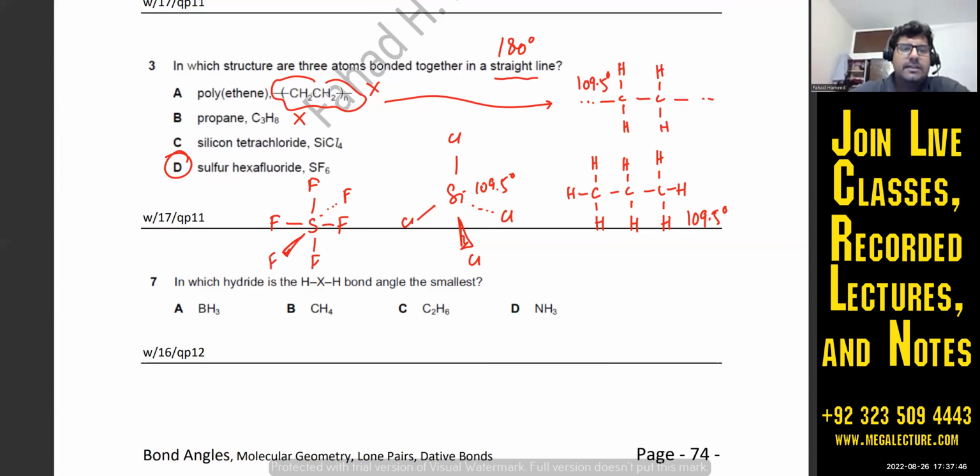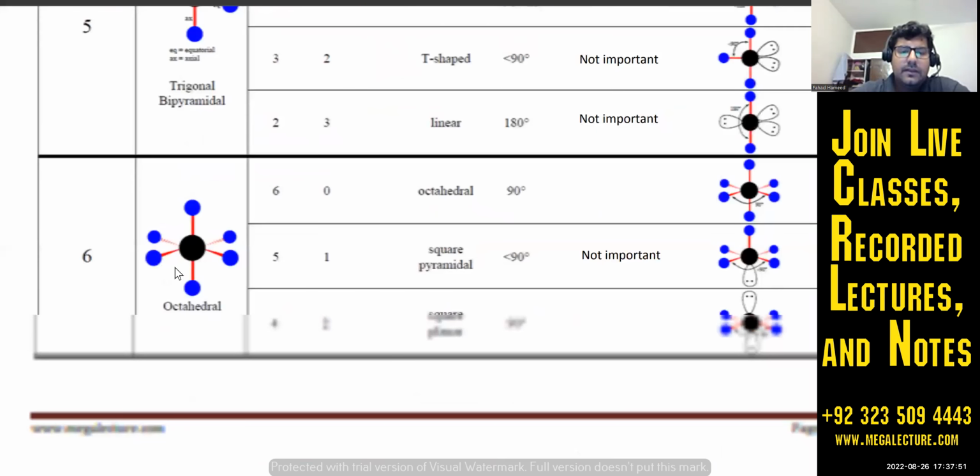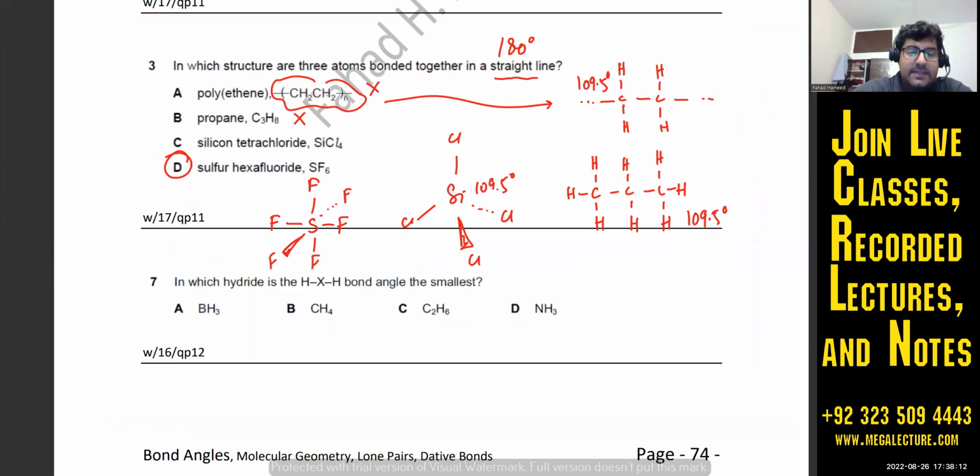Right? So this is what SF6 would look like, 6 bonds. If you have 6 bonds, it's going to look like this. And since it's going to look like this, all angles will be in a straight line. एक ऊपर, एक नीचे. So all 3 atoms in a straight line. एक x-axis with दूसरी side पे, one on the other side, that's a straight line, right? So this is fine, SF6 is fine.